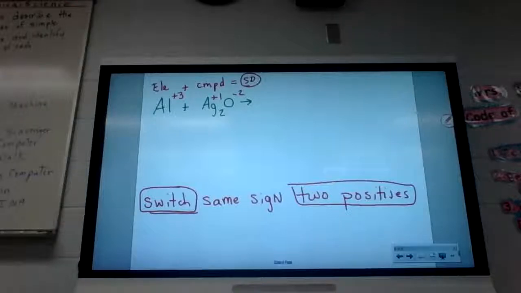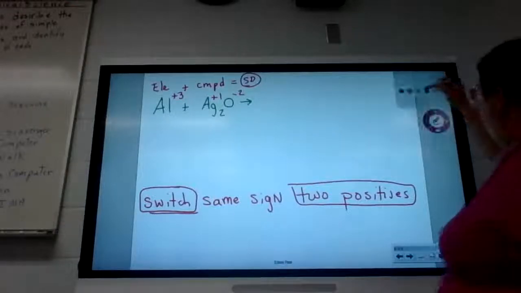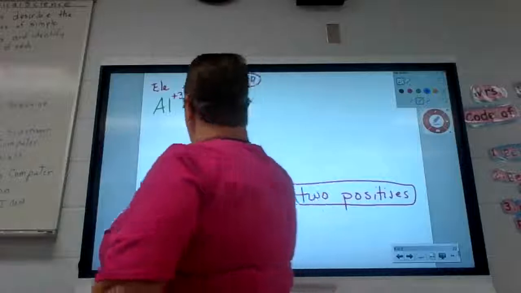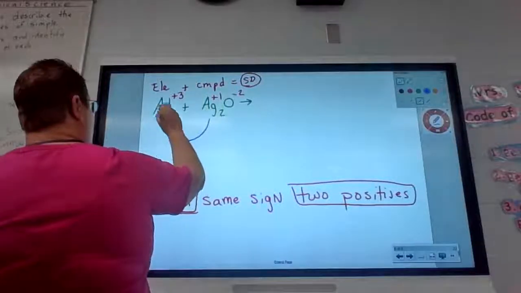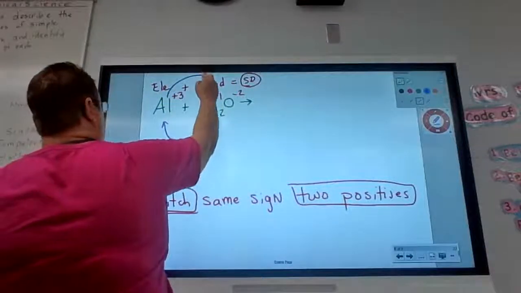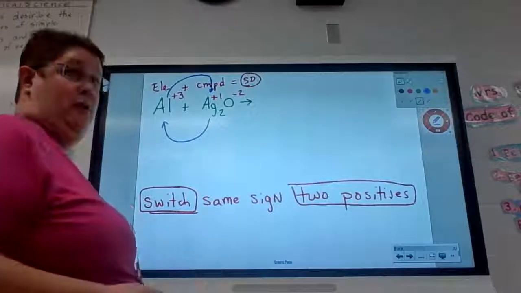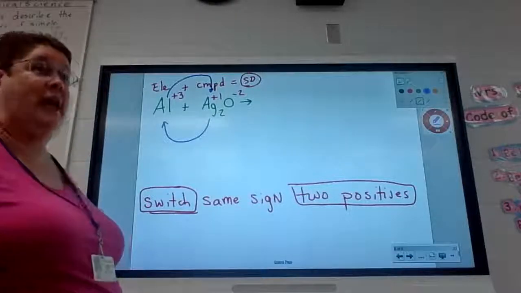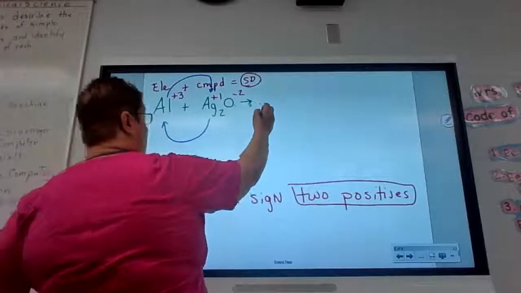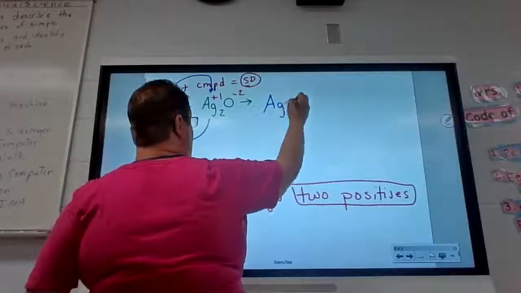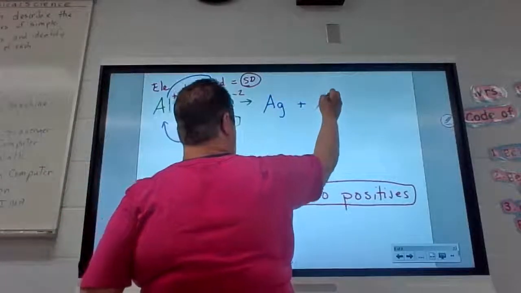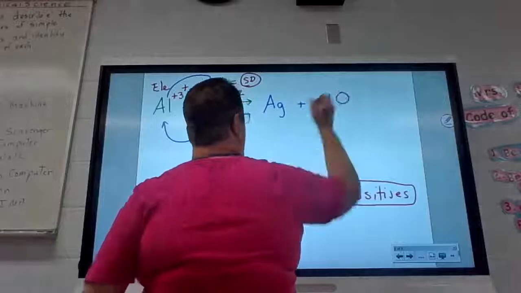So Ag is going over here, and Al is now going over there. So Ag is going to be where Al was, and Al is going to be over here.